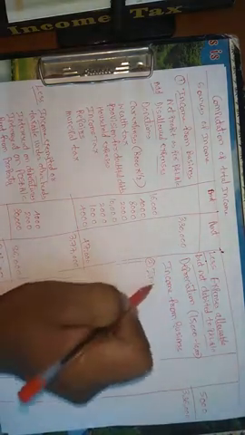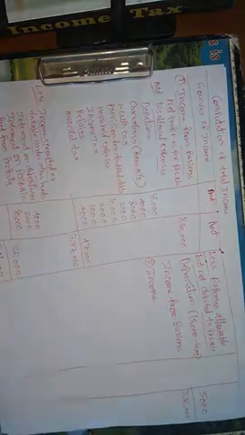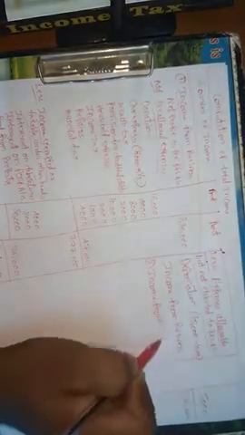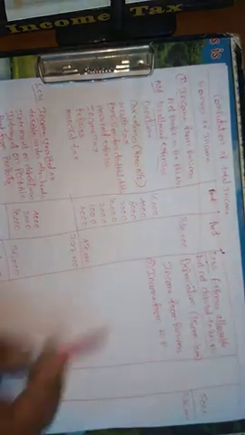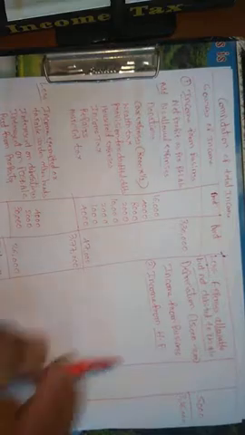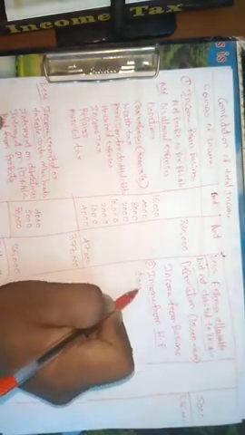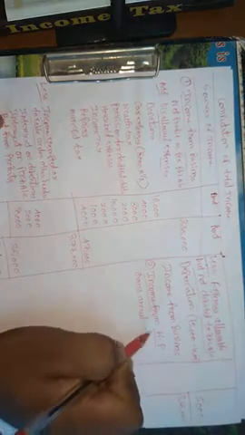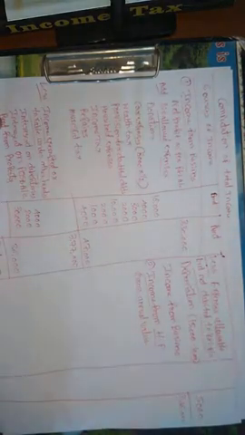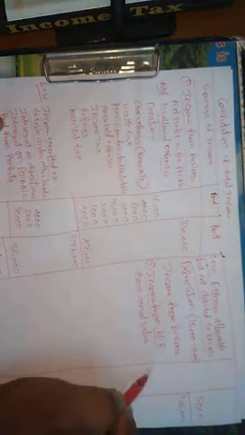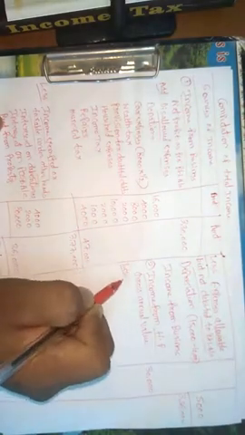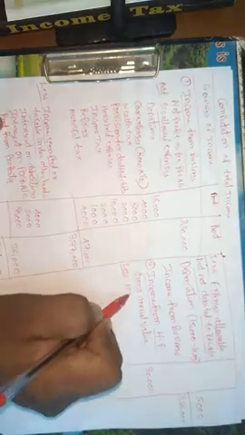Now let us go for the second head, number 2, income from house property. To calculate this, the gross annual value given in the problem is 30,000, less municipal value.